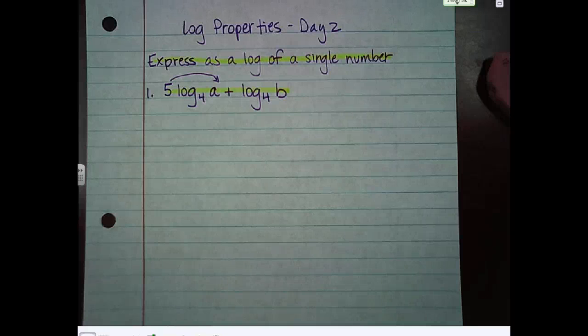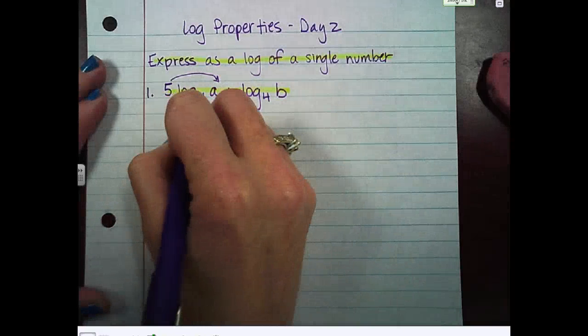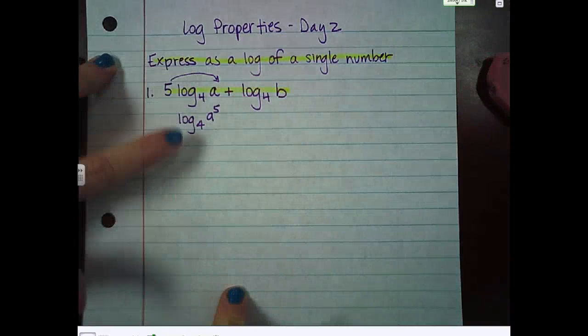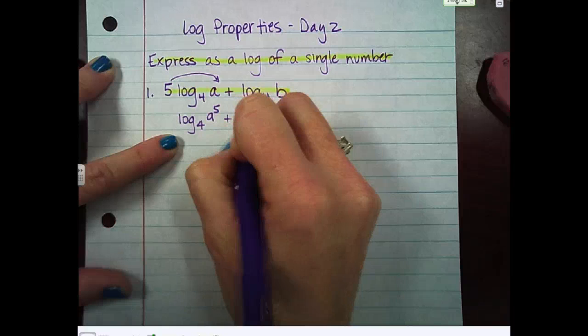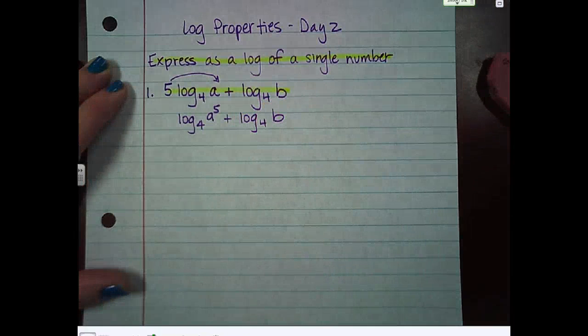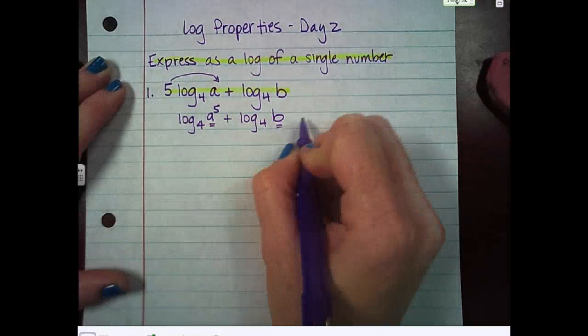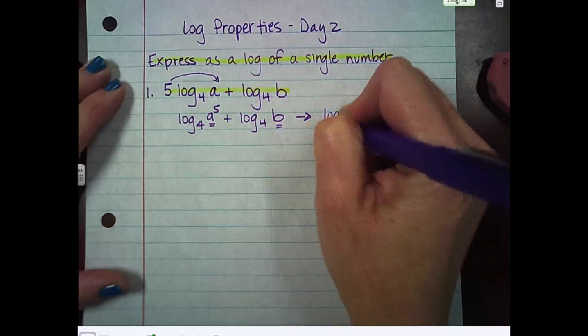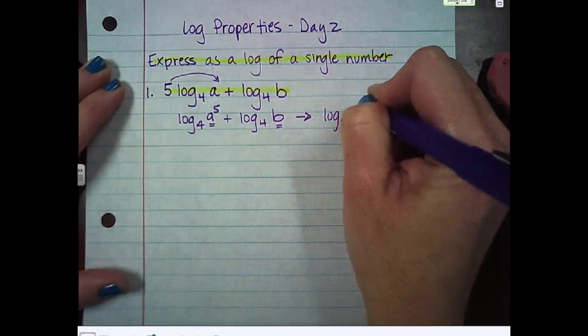This step I'm about to write you don't have to write down, it's just good for your notes. But this is the same then as log base 4 of a to the 5th power, plus log base 4b. And now because I have multiplication, you're going to multiply the a to the 5th and the b together. So your answer is log base 4 a to the 5th b.